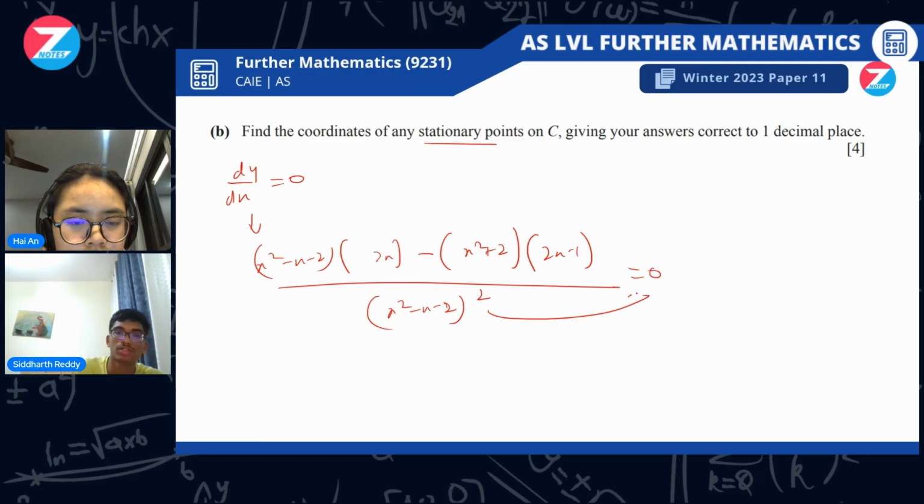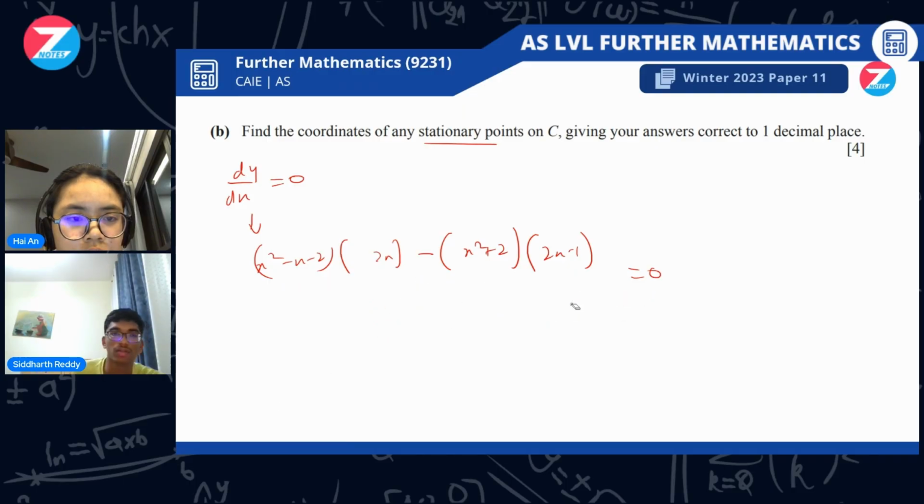Bring this to the other side and the denominator just disappears into the 0, so we just focus on the numerator.